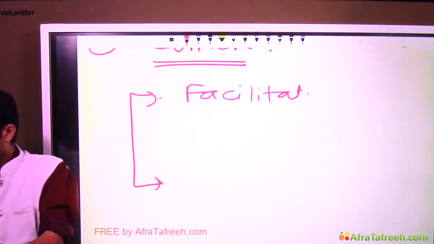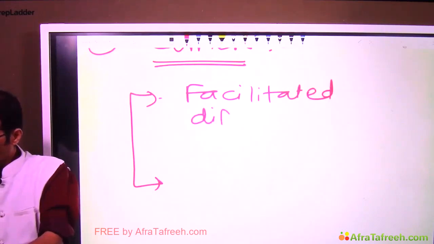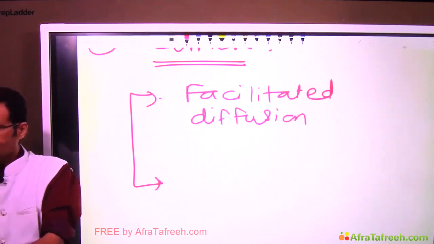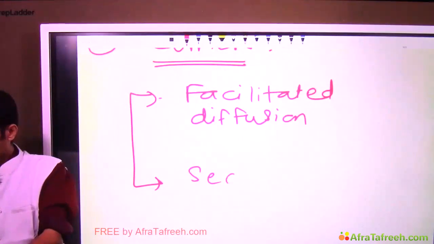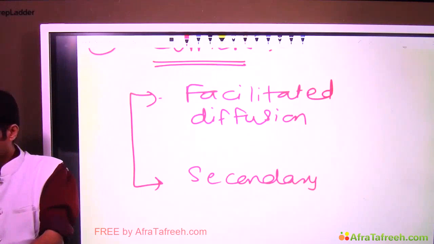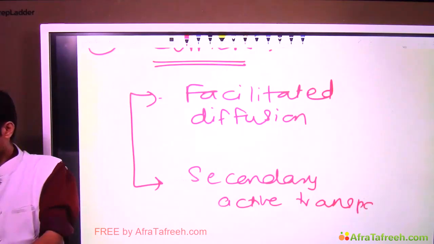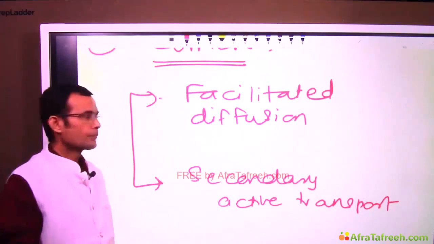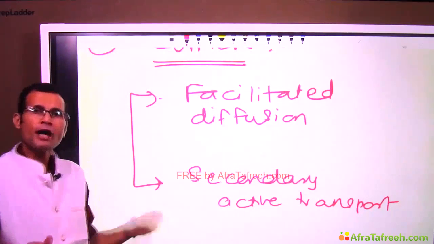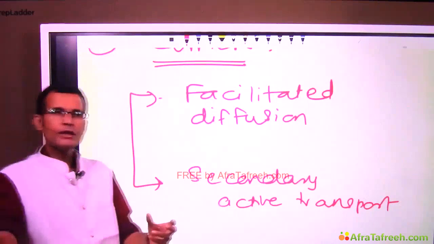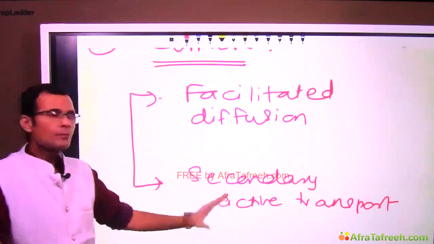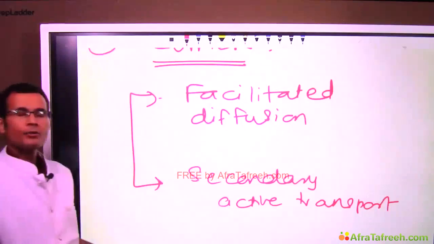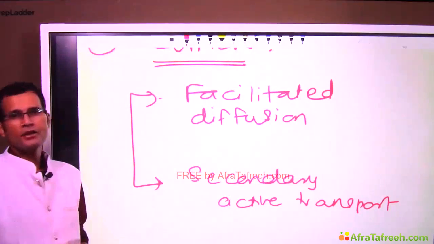Carriers carry out facilitated diffusion and carriers carry out secondary active transport. We are going to discuss these transport processes after this, so a correlation can be established. But for now you can remember facilitated diffusion and secondary active transports are carrier mediated transports.